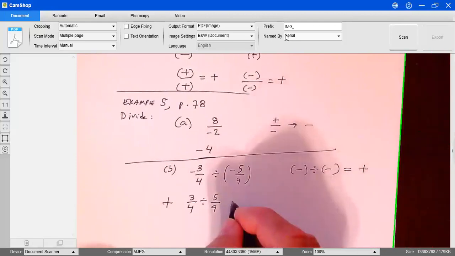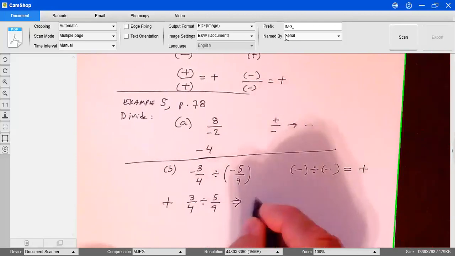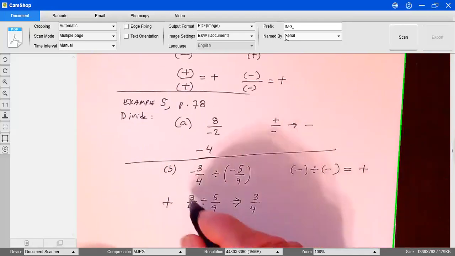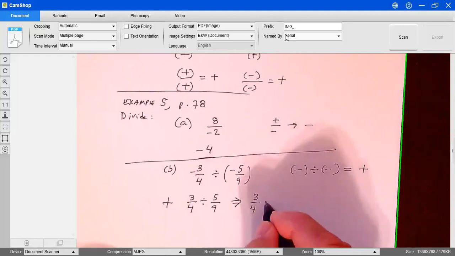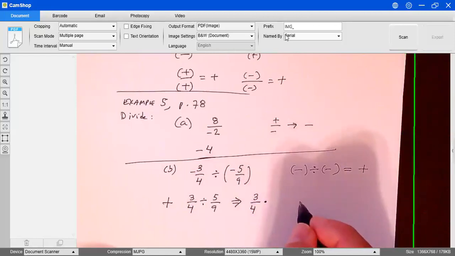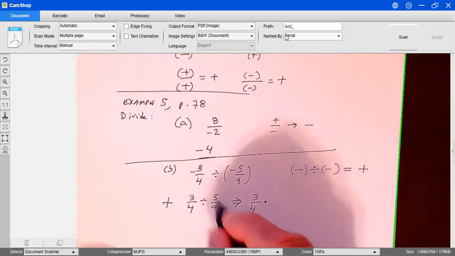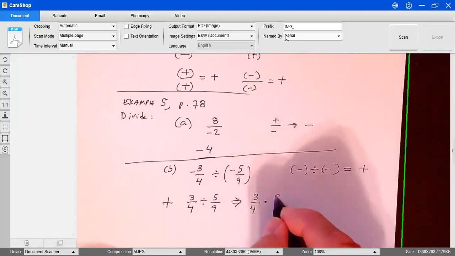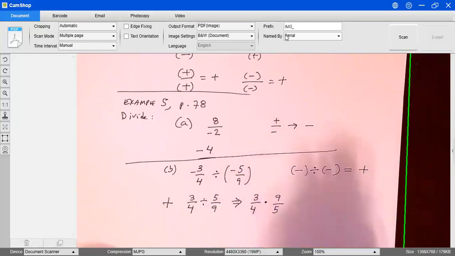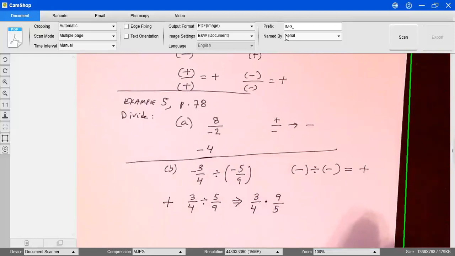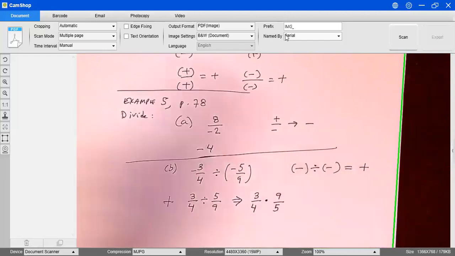You're going to convert this division into a multiplication. So you keep the same first fraction, then you use the multiplication operator, and then you invert the other, invert the numerator and the denominator of the second one.